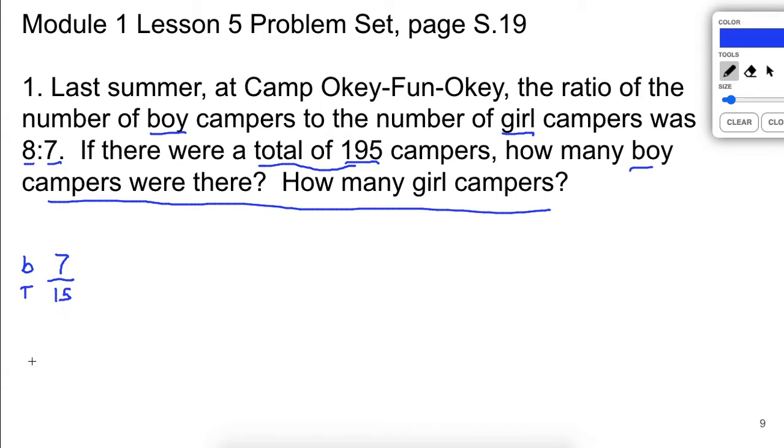I could also set up girls to total, which would be 8 to 15. On both those, we could use a giant one to set up a problem we could solve. In this case, we know we need 195 on the bottom. So we've got to figure out, what do we times 15 by to get to 195?